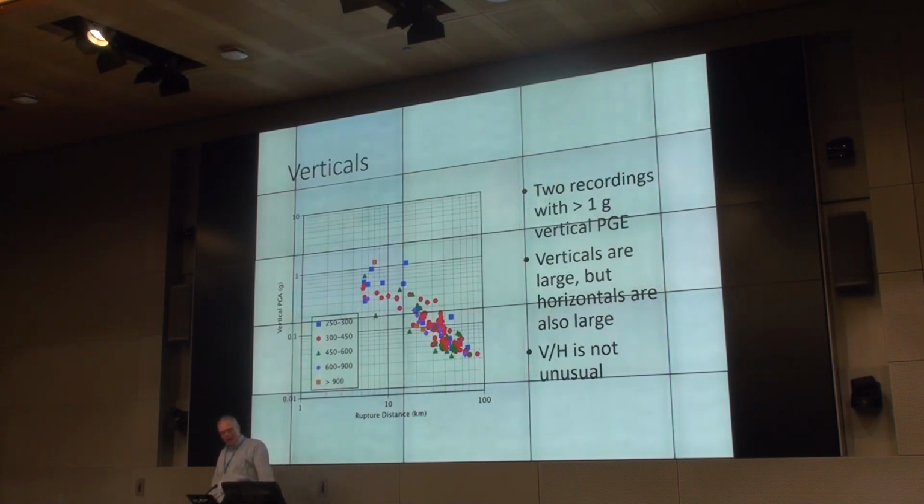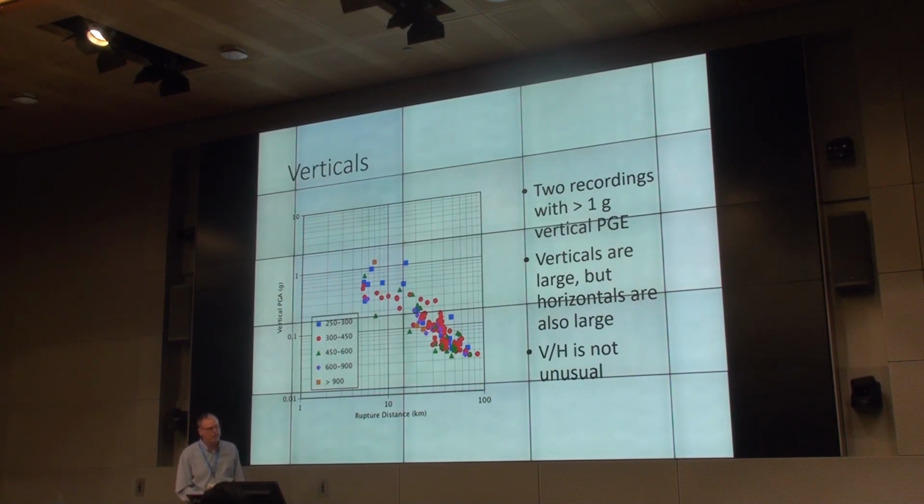Verticals, right after the earthquake, there were reports coming out, we have several recordings over 1g vertical, and what does that mean? And there was talk about, was damage here related to the verticals instead of related to the horizontals, because the verticals were high. Really, they're high, the verticals are large, but the horizontals are larger.